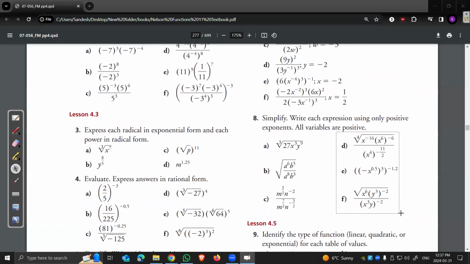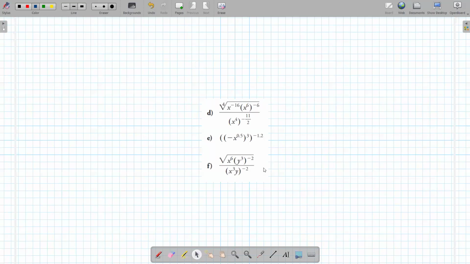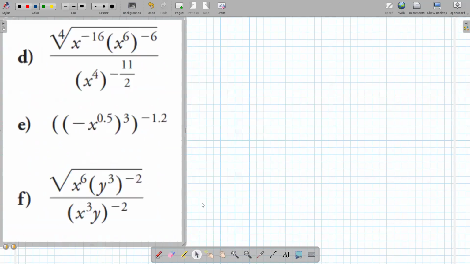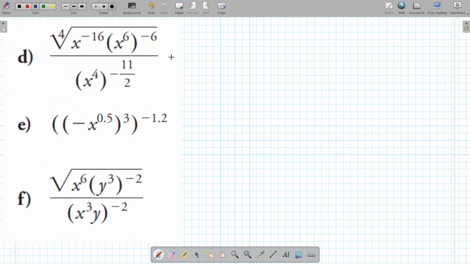The next few may be slightly more difficult. Let's look at D. Fourth root. We're going to leave that as it is.